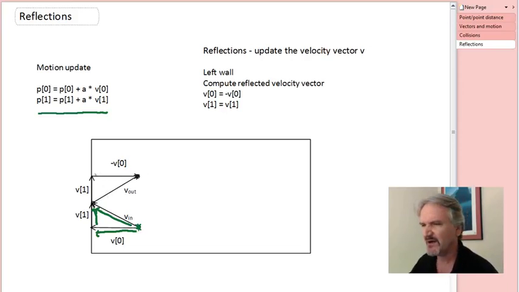So you can see up here all we really need to do is flip the horizontal component and keep the vertical component, and that forms the outgoing velocity vector. And that's really, really easy to code up in Python because we can just negate the 0 component and leave the first component, the vertical component, alone. All right, let's go grab Scott's example from ball physics and just make it bounce off the left-hand side of the canvas.